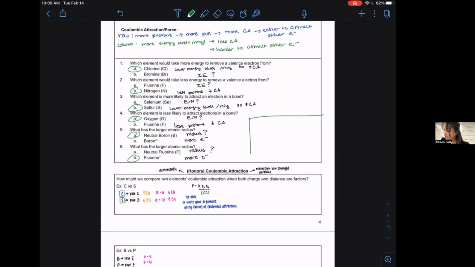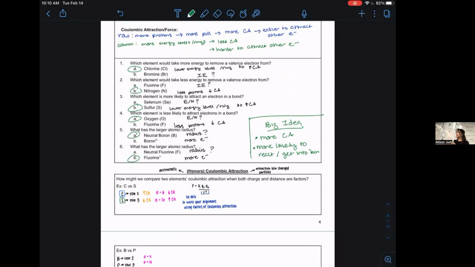The big idea: more Coulombic attraction, more likely to react or get into a bond, to make some electron exchange with another atom. That has been implicitly said, just not explicitly.